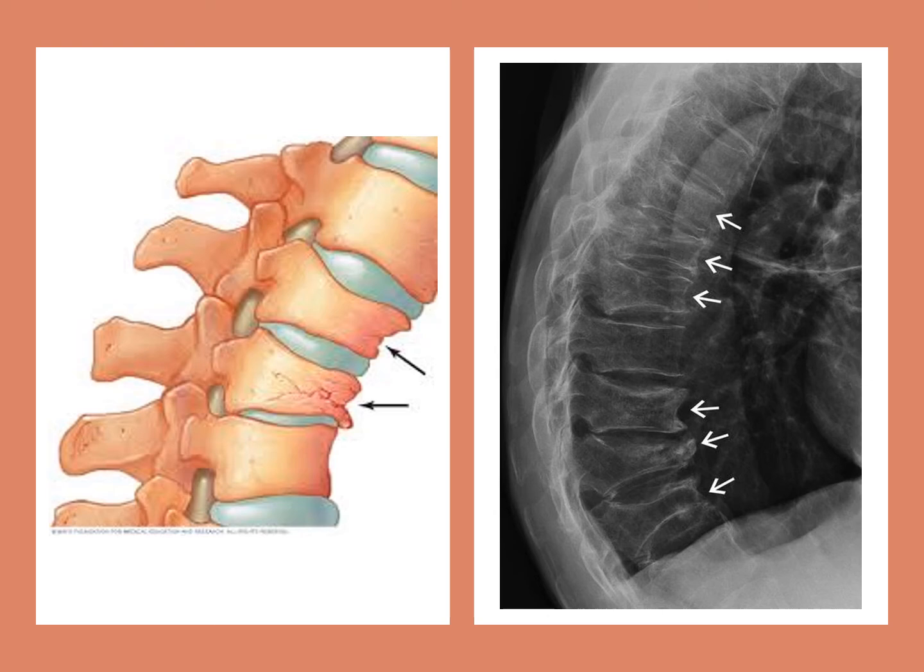Now, if a postmenopausal woman who's osteoporotic had a fall, say on her bottom, she could easily have vertebral compression fractures. And you can see the arrows that are showing the squashed vertebral areas. And this is often due to osteoporosis.